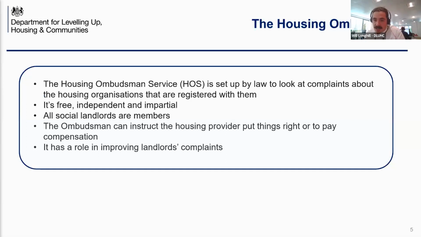If it finds that the landlord hasn't behaved properly, it can tell the landlord to take steps to put things right, or to provide compensation to the resident, and it can do that in unlimited amounts. It's free to use for social housing residents, but as well as adjudicating on the landlord's handling of complaints, it also has a role in generally improving the quality of complaints handling throughout the system.